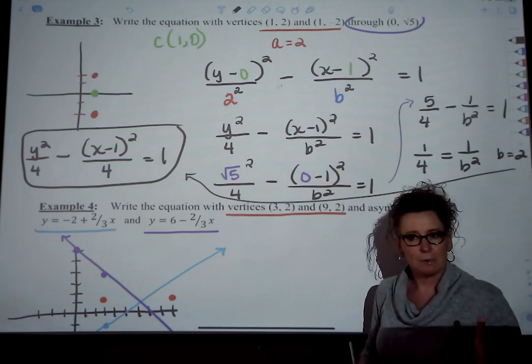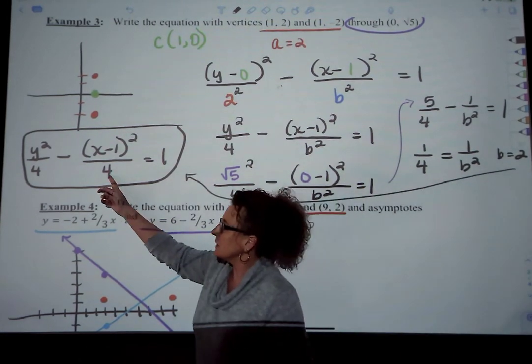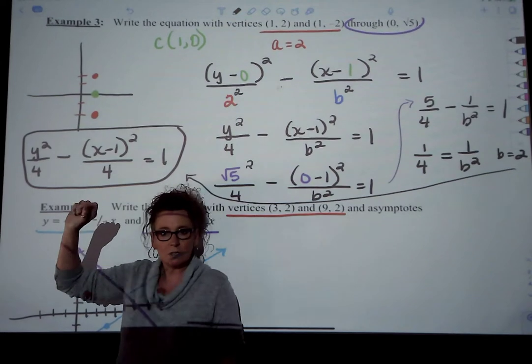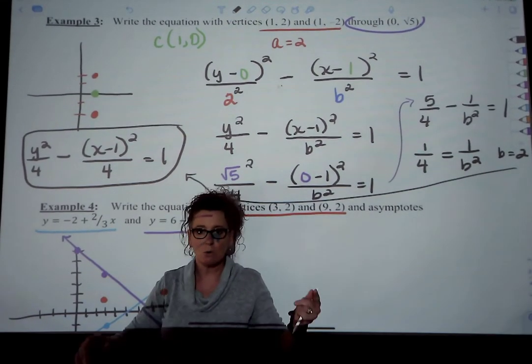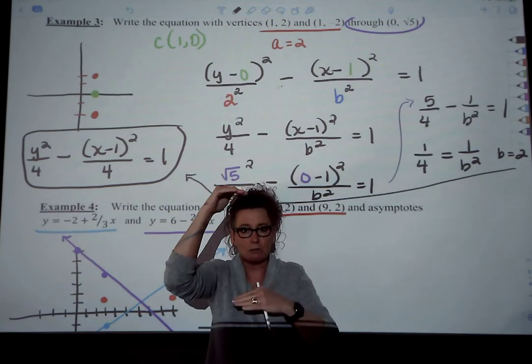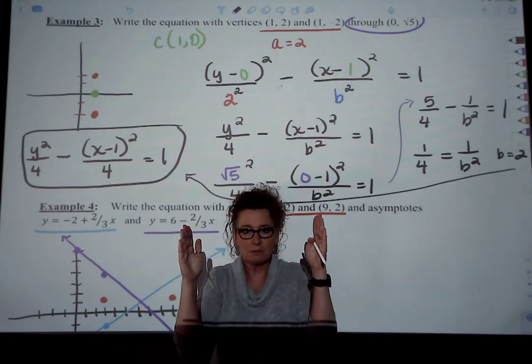Wait, can these denominators be equal? Sure they can. What's important in a hyperbola? The one that's positive. Yeah, they can be equal. All that means is if I drew the little rectangle, it would be a square. No big deal.